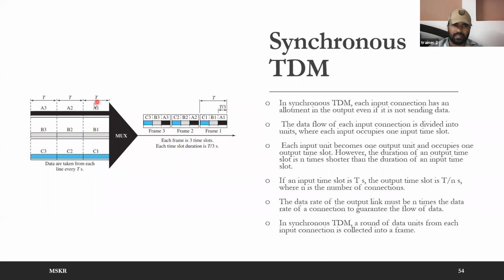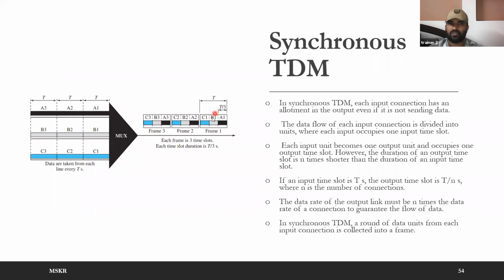Since three users are combined, the output time slot of each unit will be t by 3. The fifth point is that the data rate of the output link must be n times. Let's say combined, everyone is generating 1000 bits per second. Now you need to send 3000 bits per second.